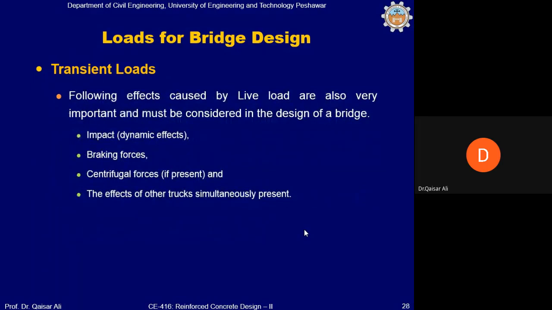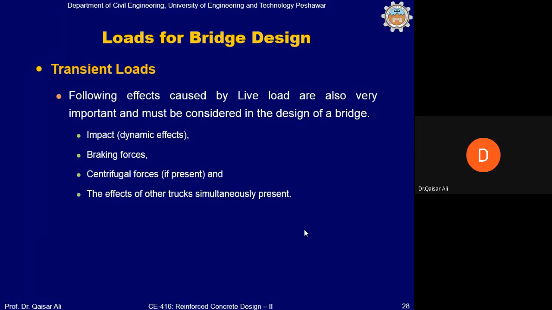While considering the design of a bridge, the following effects shall also be taken into account, such as impact or dynamic effects. Whenever a vehicle enters a bridge, it will always enter with some vibration or impact. So these dynamic effects must be taken into account.